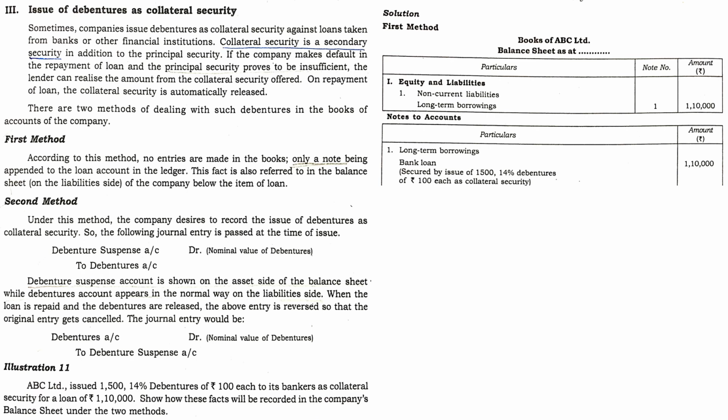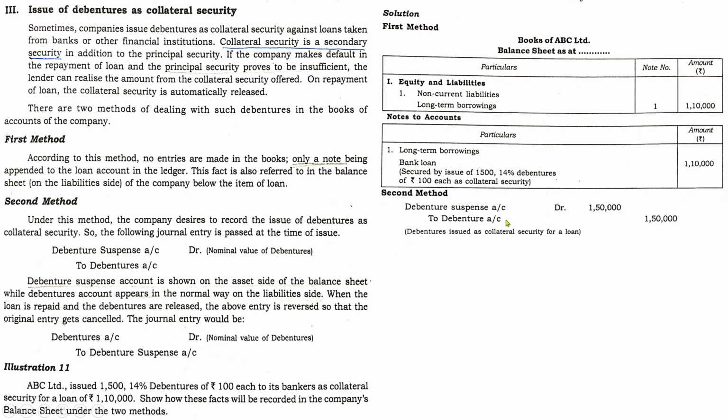In this question, ABC Limited issued 1,500 debentures of 100 each to its bankers as collateral security for a loan of 1,10,000. So whenever we issue debentures, the entry will be debenture suspense account debited to debentures. The loan amount was 1,10,000, but we had offered debentures worth ₹1,50,000, so you have to show the amount like that.